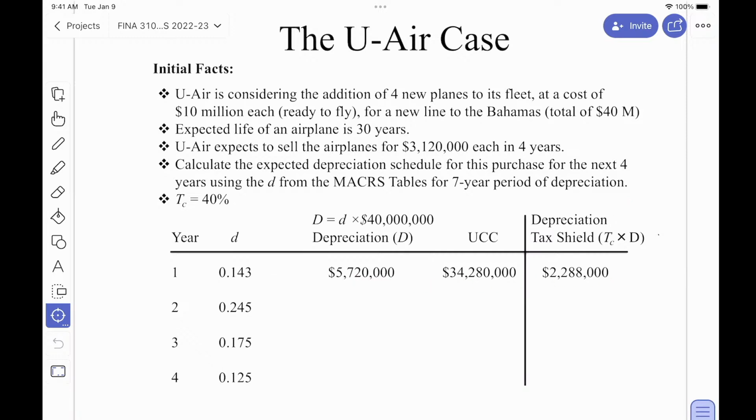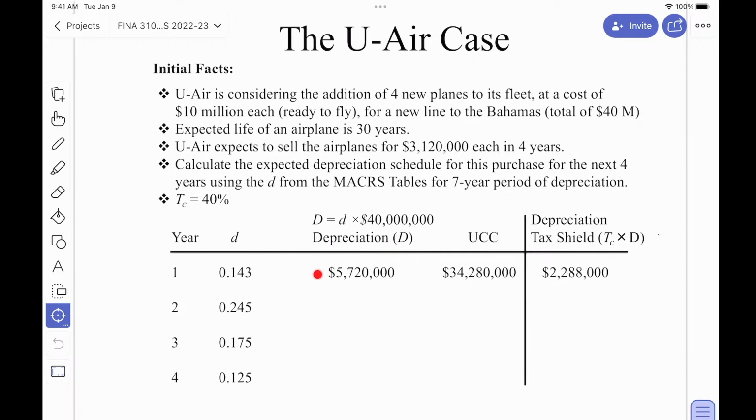This is what you want to compute. You want to calculate the big D, D for depreciation. Depreciation is computed as the rate times $40 million. So the rate times $40 million is equal to 5.7 million.